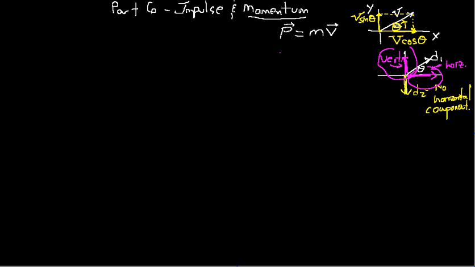Now back to momentum. We said momentum is mass times velocity, and you must know this formula. This is the formula for momentum. So if something has a mass and it's moving, it's said to have momentum. Now the momentum can change, and the only way that a momentum can change is if a force acts on the object.